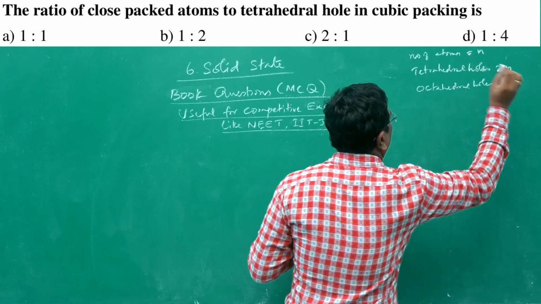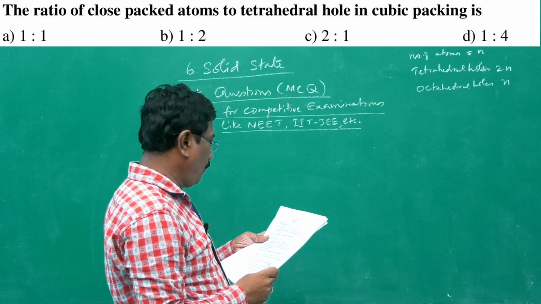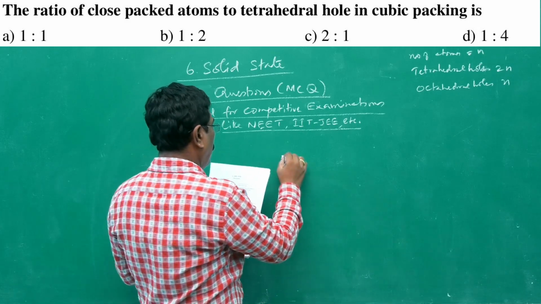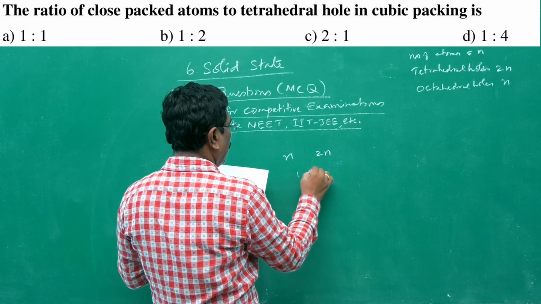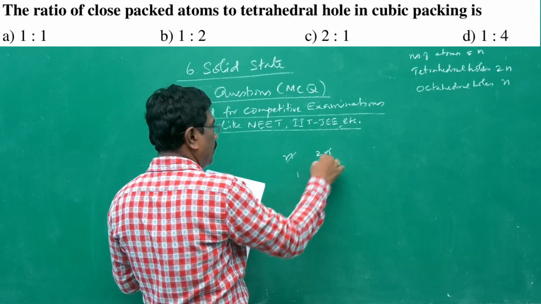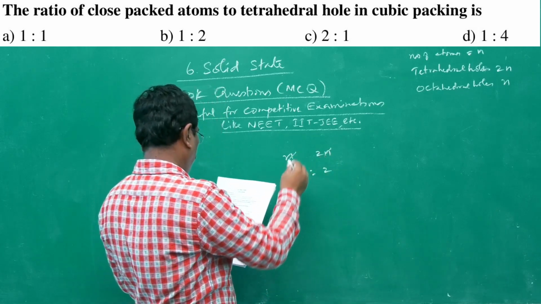So in this question, the ratio of close packed atoms n to tetrahedral hole 2n, therefore ratio 1:2.